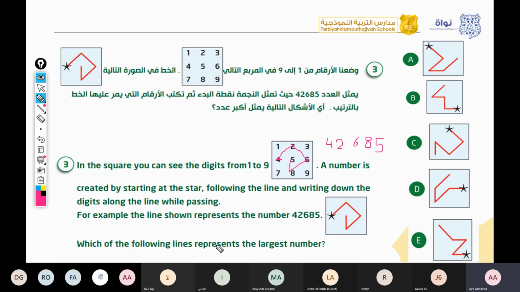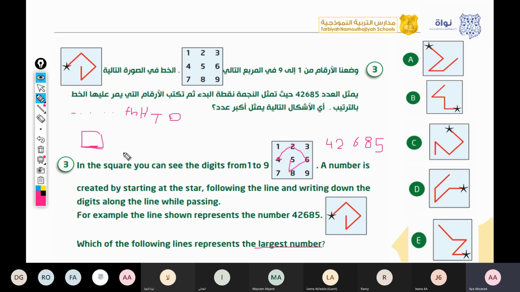Now, which of the following lines represents the largest number? To think about that, the largest number must have the largest place value. You remember the place value? We have ones, tens, hundreds, thousands, 10,000s, 100,000s, million, 10 million, 100 million, like this. So to get the largest number, you have to get the greatest place value here with descending digits.